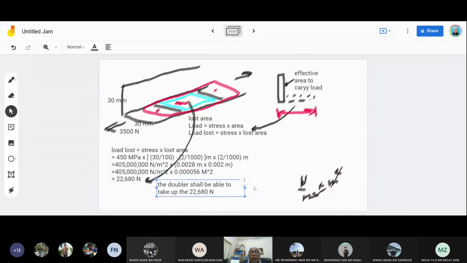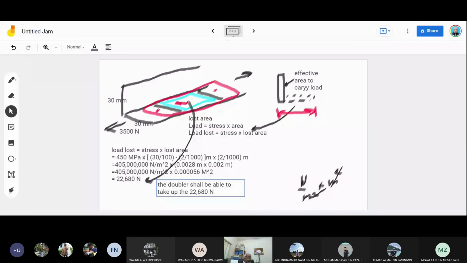You can restore back the load, and the repair is able to make sure whatever load goes through the structure will be recovered. That's why the rule of thumb is one gauge thicker.